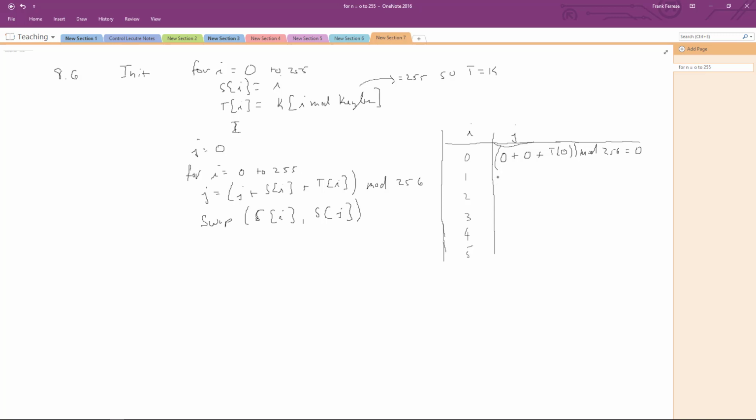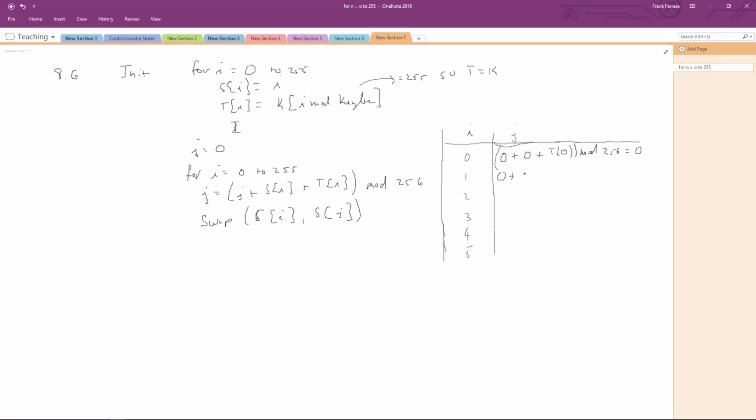Okay, let's move down to the next one. So now i is equal to 1, and we said that T0 is equal to 0, so that j came out to be 0. So j is going to be j, which is 0, plus S sub i.